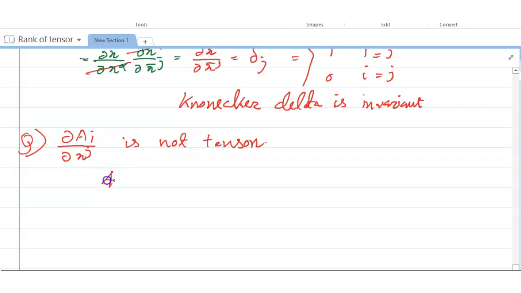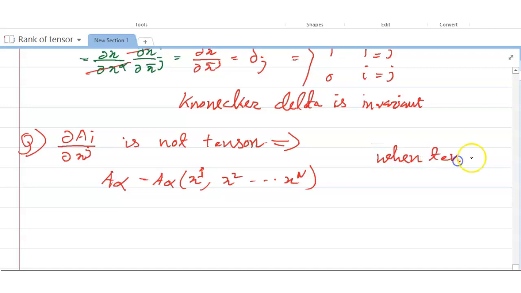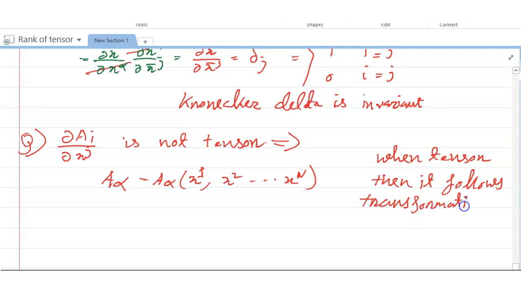So friends, a alpha is equal to a alpha of x1, x2 up to xn. When it is a tensor, then it follows the transformation rule.